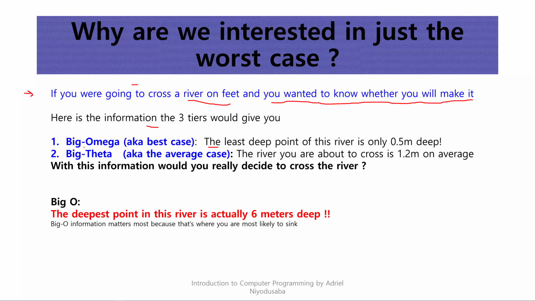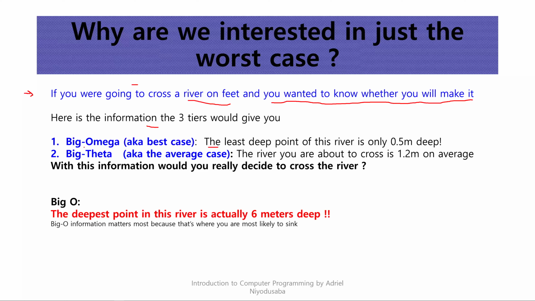And big theta, being the average case, would give you something like this: the river you're about to cross is 1.2 meter deep on average. That sounds impressive.